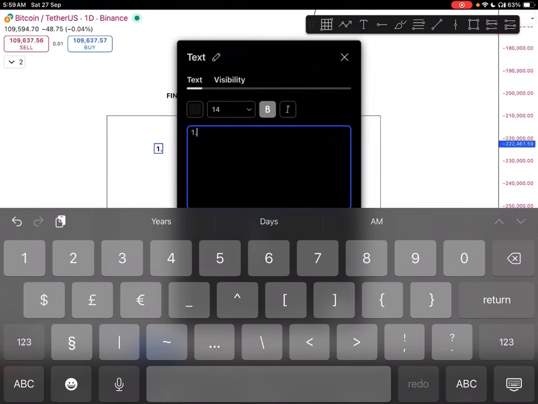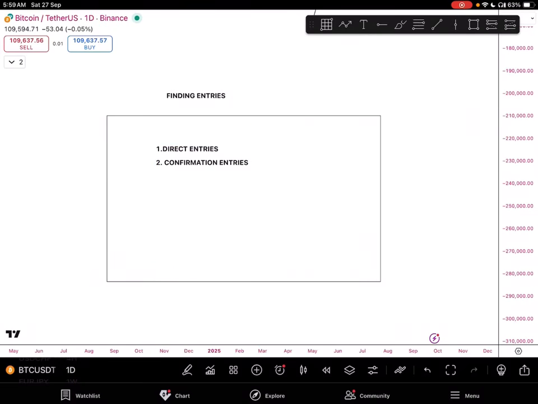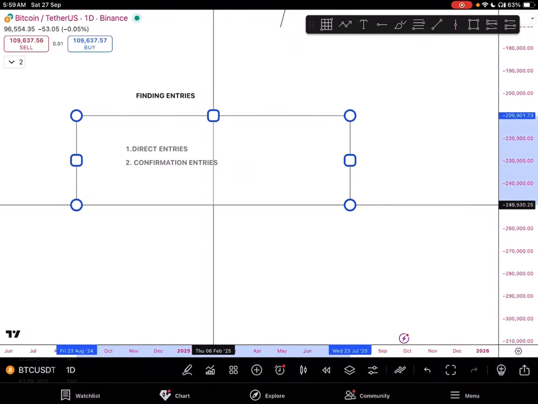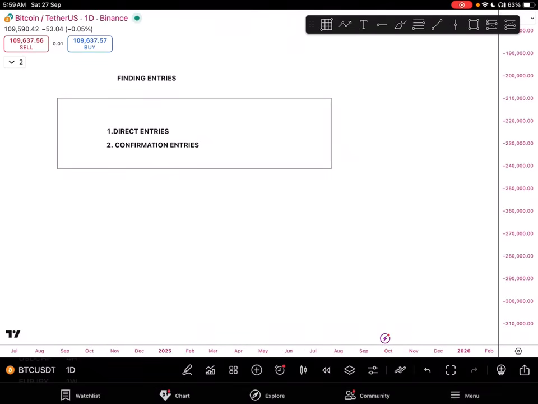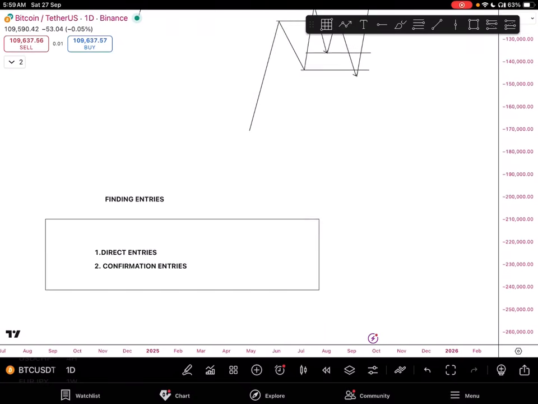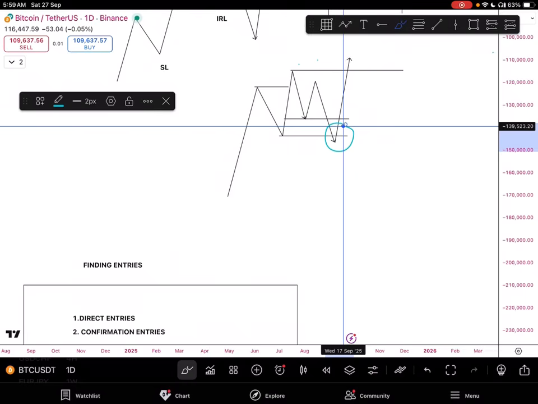We have direct entries and confirmation entries. We have two types of entries: where we need to take direct entries, and where we need to take confirmation entries. Okay, so when the price reaches our internal range liquidity, like here, we need to find entries.